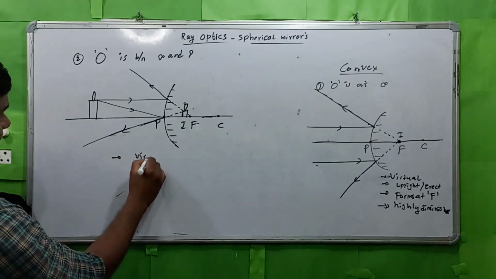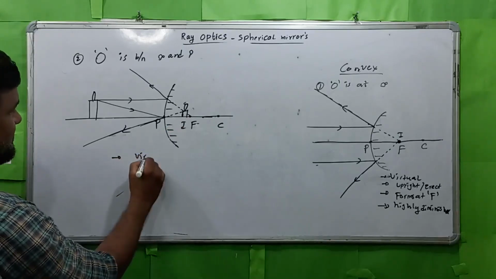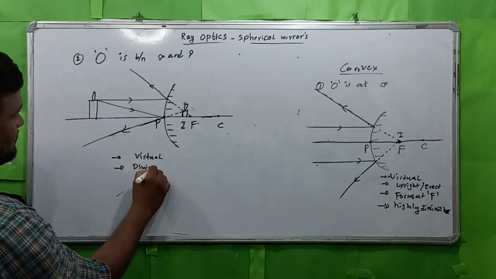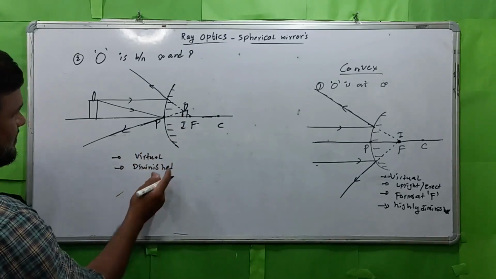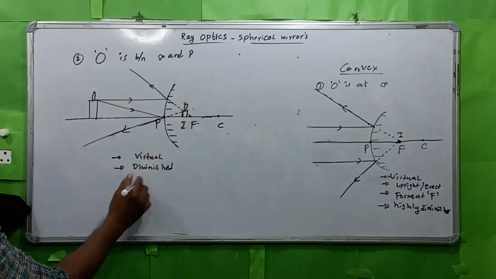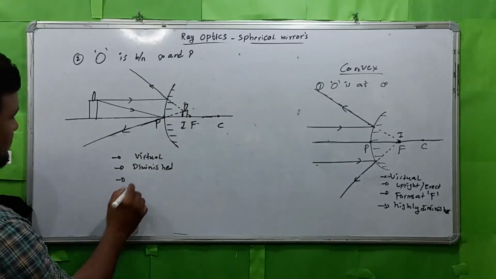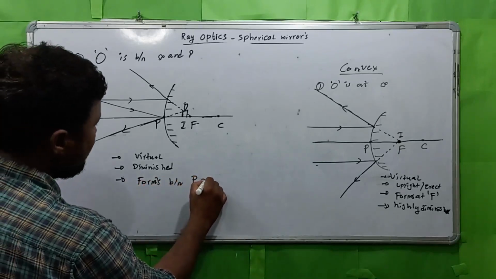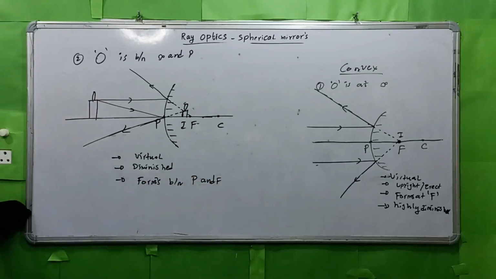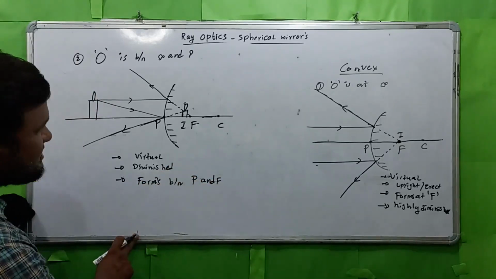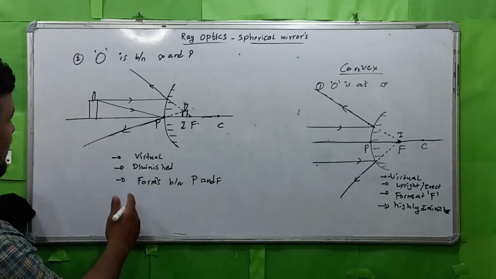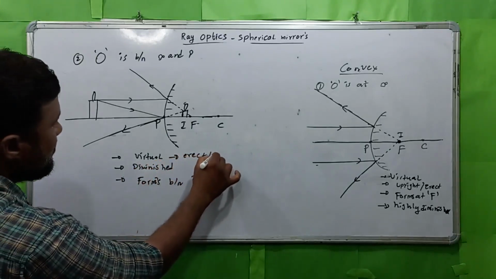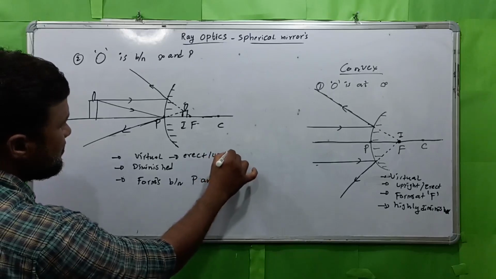If I write the characteristics, the image is virtual, diminished. Third characteristic, it forms between pole and focus. Understand? Image is virtual and erect or upright.